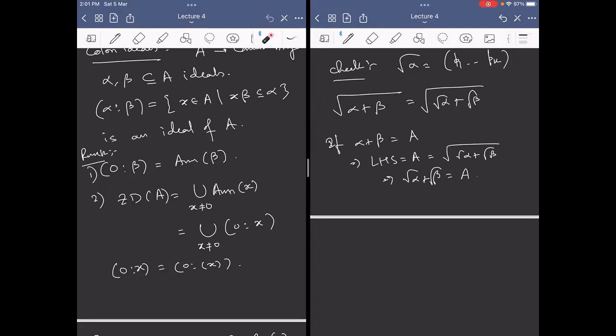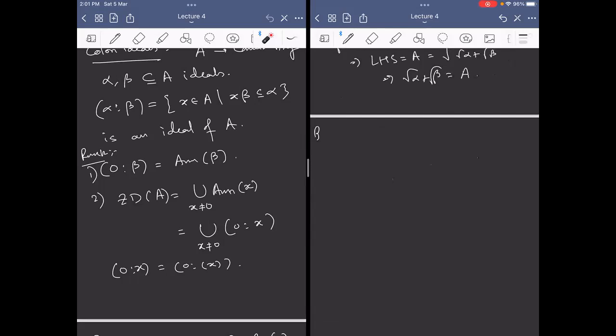So what you get is that if alpha and beta are coprime, then radical alpha and radical beta will also be coprime. Now what I am proving here is the converse: that if radical alpha and radical beta are coprime, then alpha and beta will also be coprime.